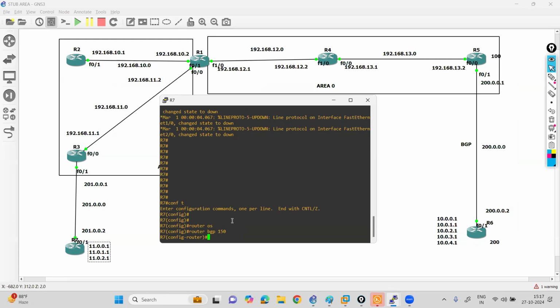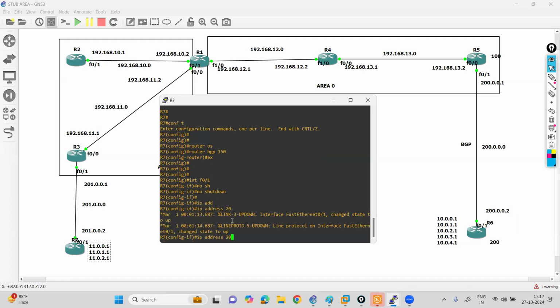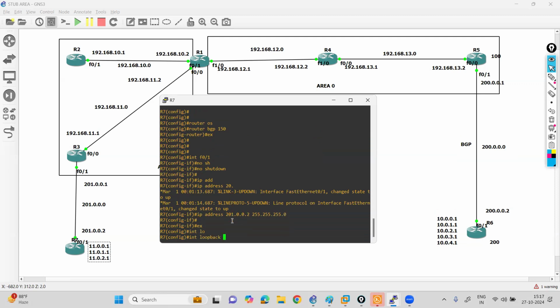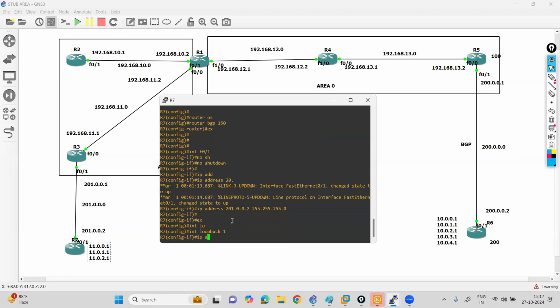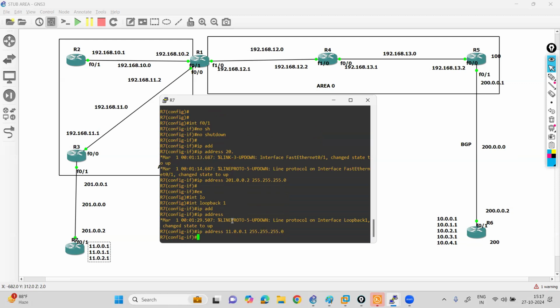I think we didn't provide the IP address yet. Interface F0/1, no shutdown. IP address is 201.0.0.2, 255.255.255.0. Interface loopback 1, IP address is 11.0.0.1, 255.255.255.0.